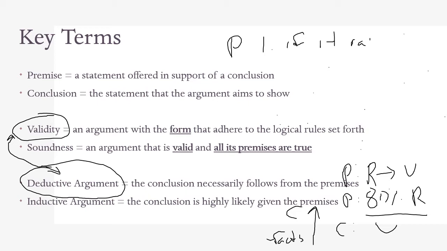We're going to check whether the arguments that we construct are valid given the logical rules that we have set forth, and we'll add the rules as we go from week to week. This is the basic outline for what the course is based on. We're going to look at deductive arguments and determine whether or not they're valid or invalid.